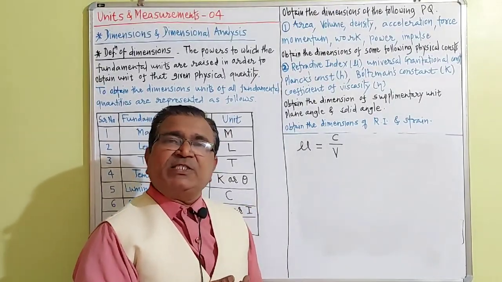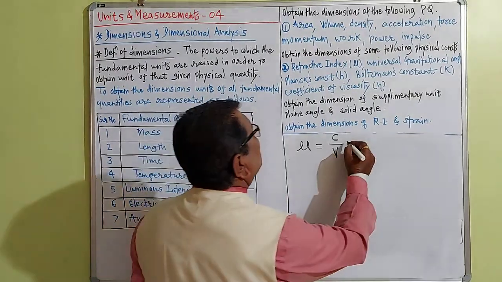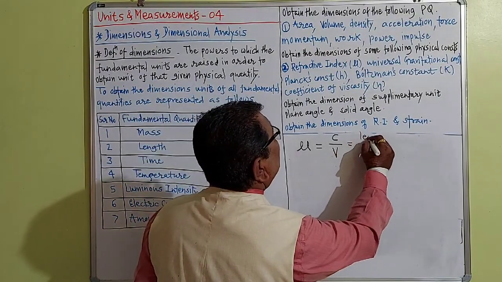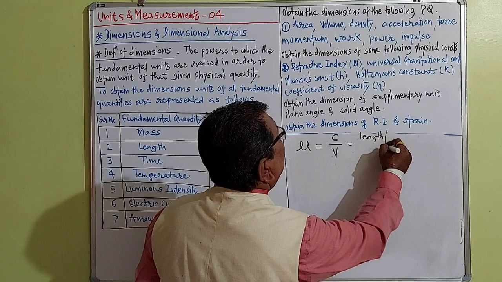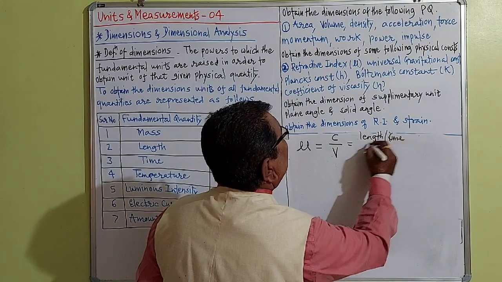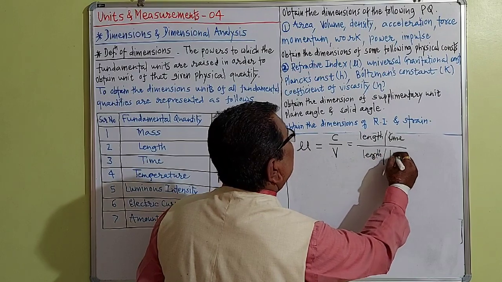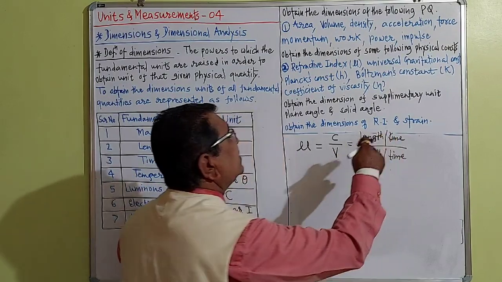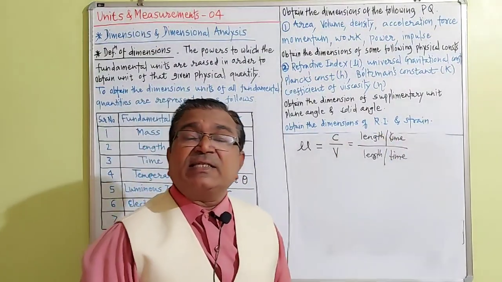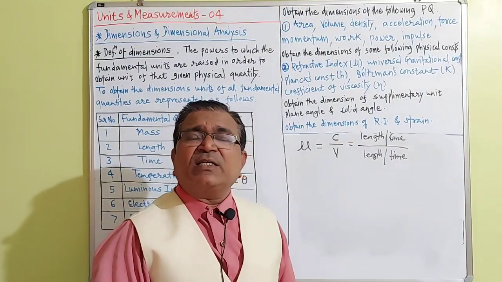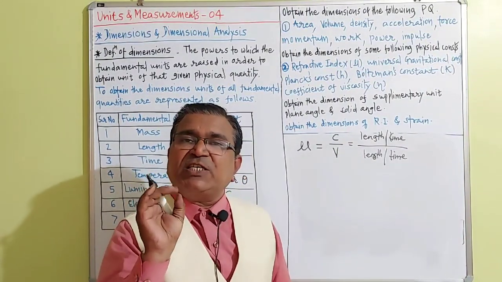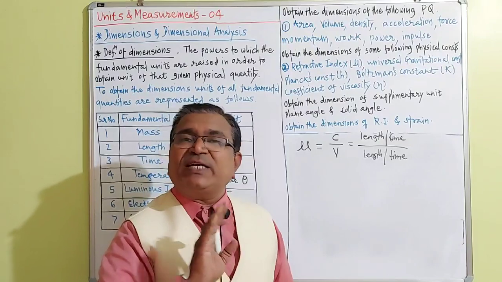So it is dimensionless, because we know velocity is denoted by what? Length upon time. Here also we get what? Length upon time. So this cancelled with each other. And so refractive index is a dimensionless quantity. It is a unitless quantity.